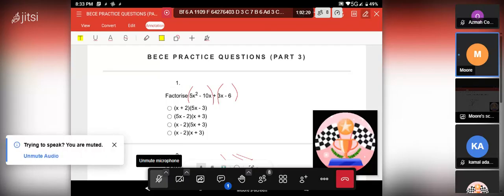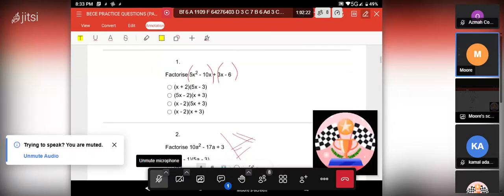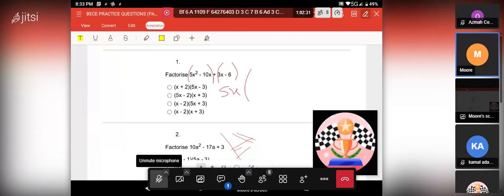So you will now say, what is common to the first bracket? What is common to them? Say 5x. We bring it out, then we open bracket. 5x squared divided by 5x will give us x, minus 10x divided by 5x, that is minus 2.